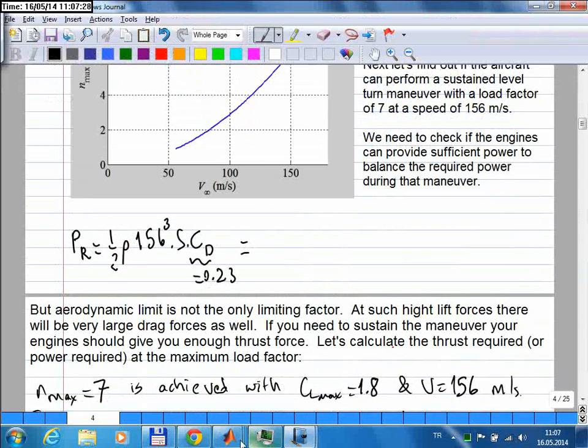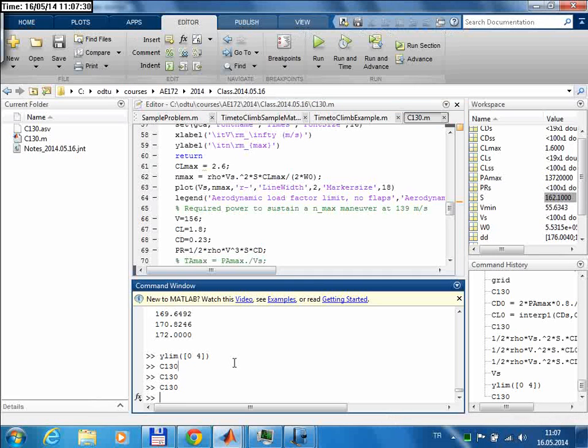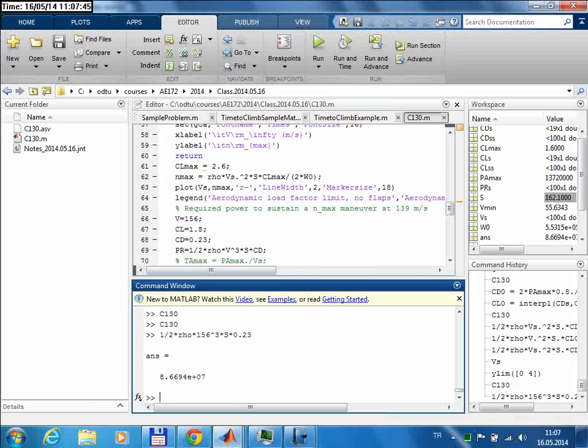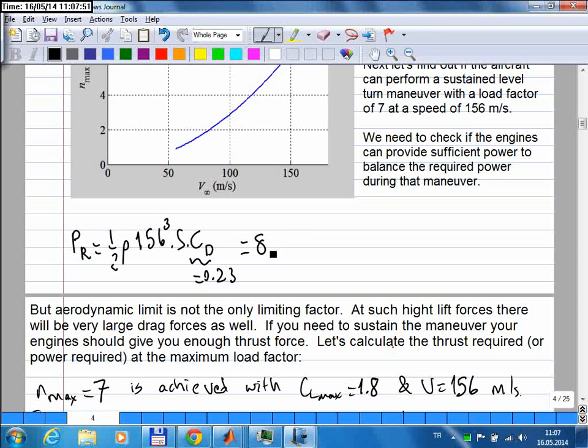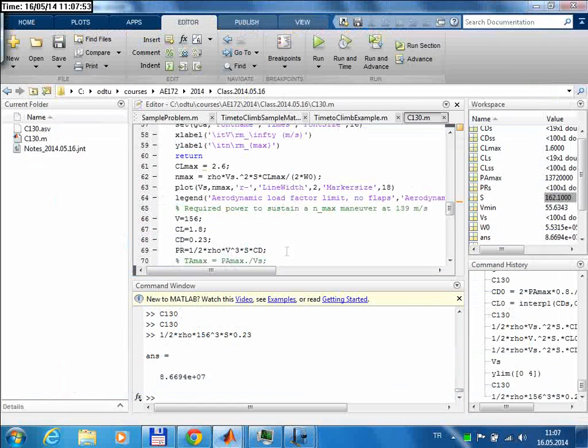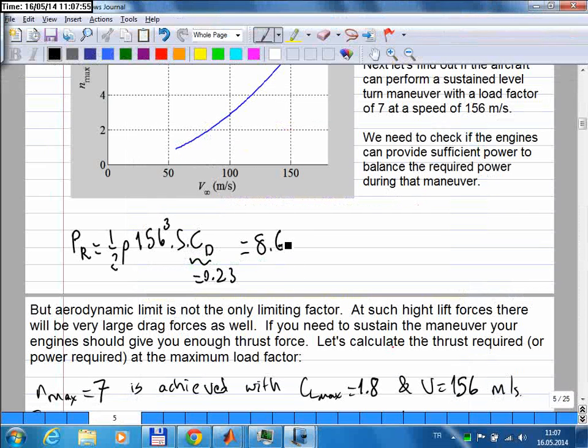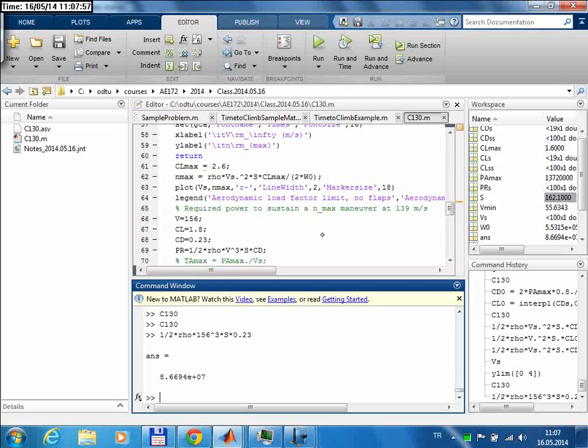Okay, so let's calculate that number quickly here in MATLAB. That's 1 over 2 times rho times 156 to the power 3 times S times CD, which is 0.23. It is this much watts, .67 times 10 to the power 7.